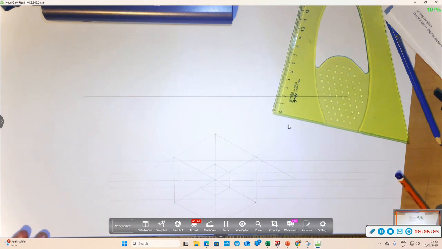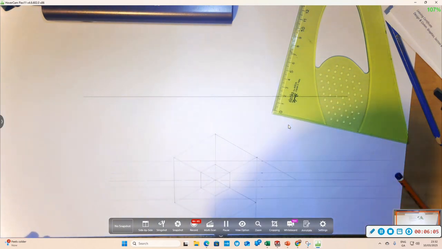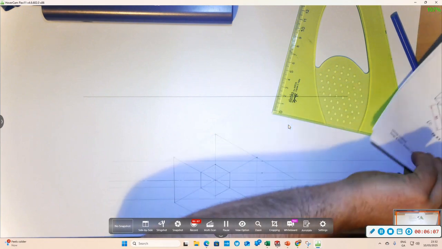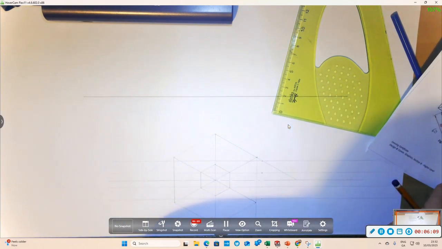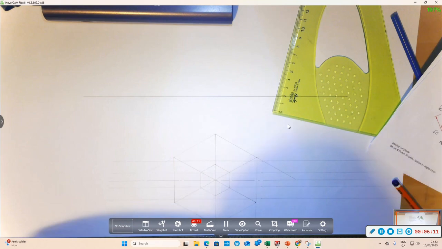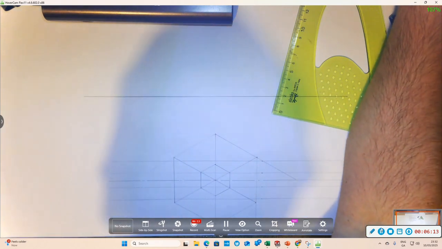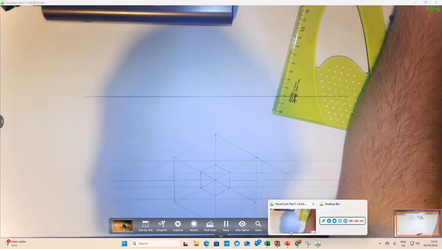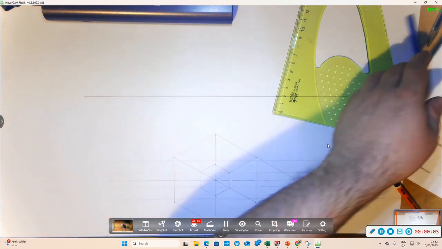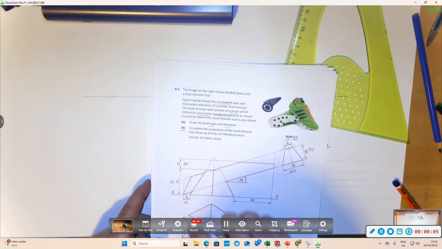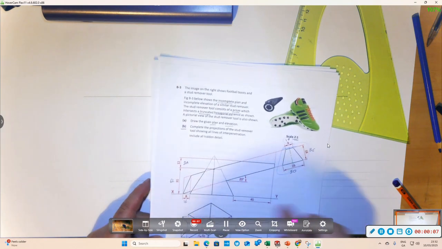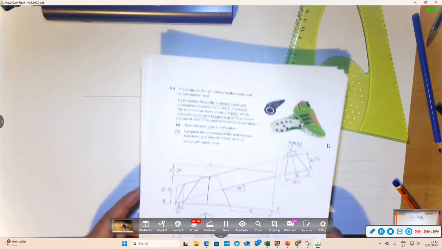And now I'm ready to go with my elevation. So I'm going to project the points up from plan and use the dimensions accordingly.